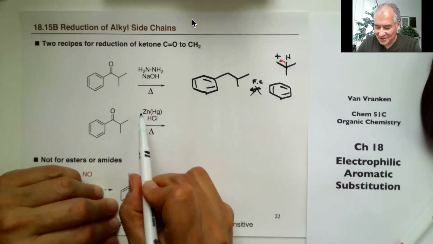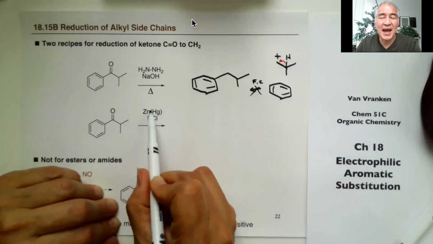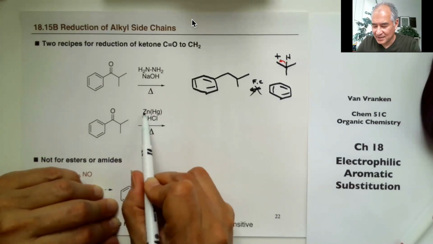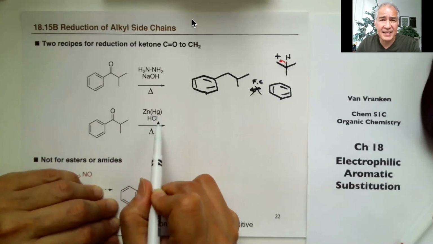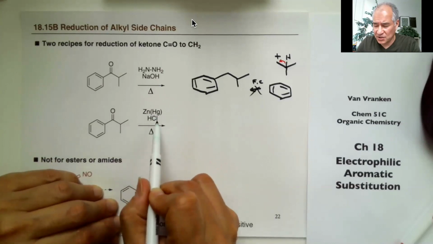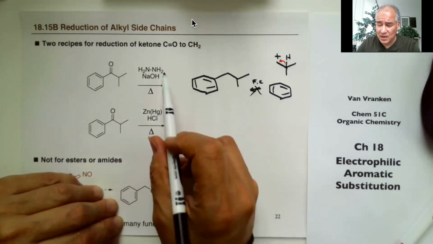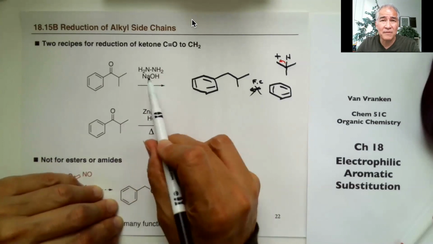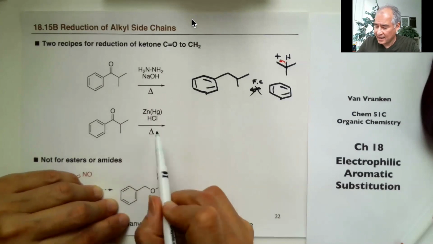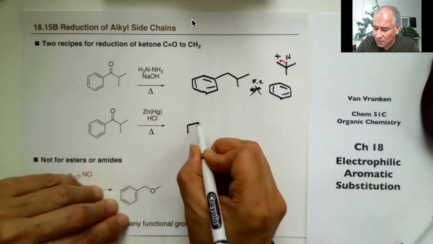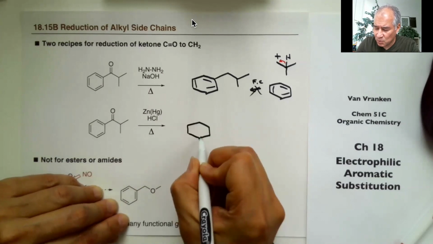You just need to know use this specially mercury activated form of zinc powder, zinc parentheses mercury, and then hydrochloric acid, very aggressive conditions, and you're boiling it, just like the one above where you're boiling in strong, powerful base, the one below, you're boiling in strong, powerful acid. And it leads to exactly the same overall transformation as this Wolff-Kishner reduction.